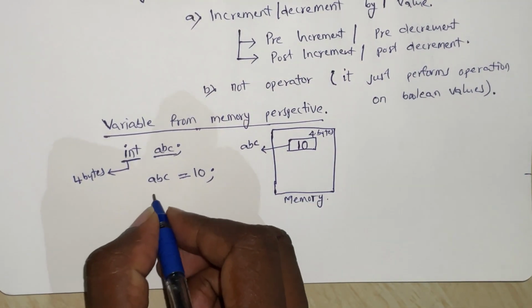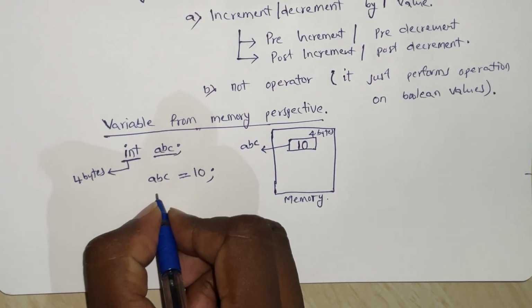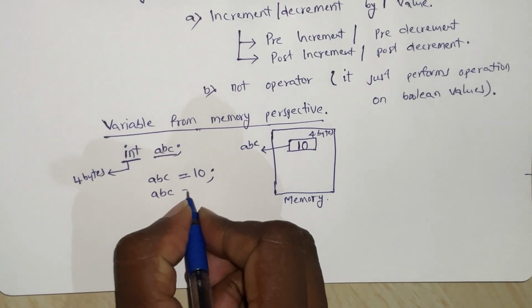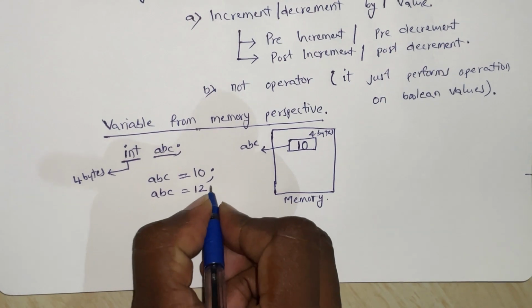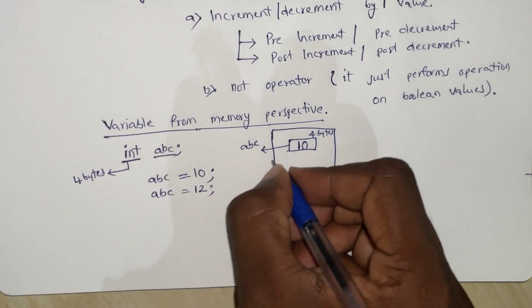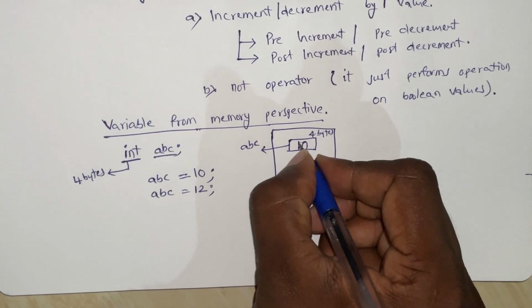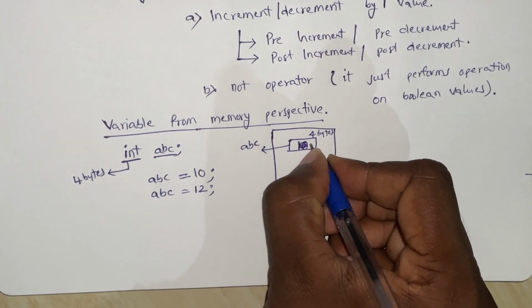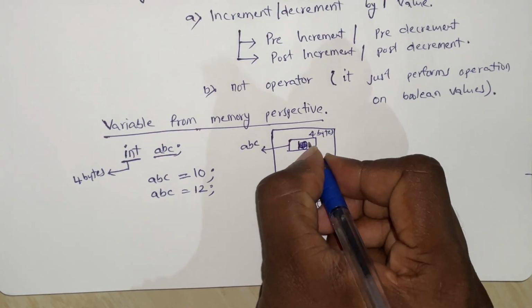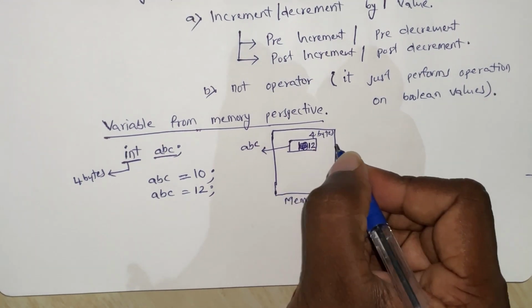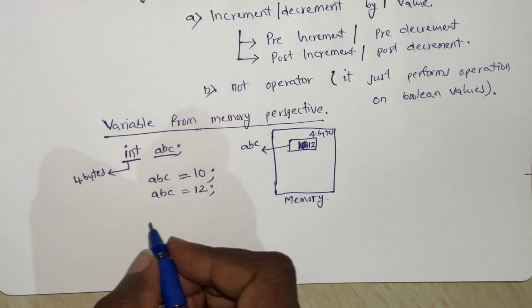Whenever we make any change to the abc value, like abc equal to 12, it goes to the same abc location, removes the 10 and replaces it with 12. That is how it actually works.